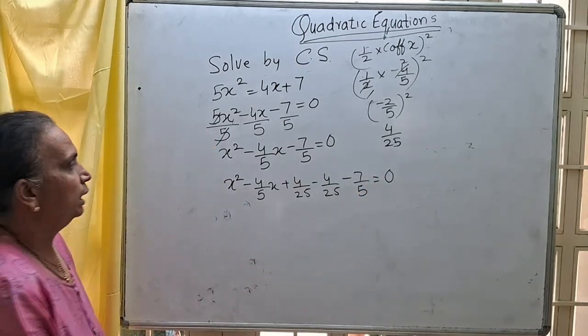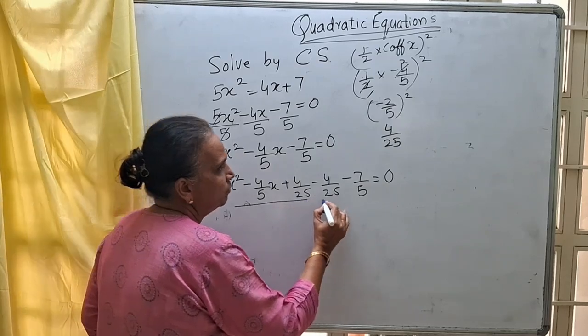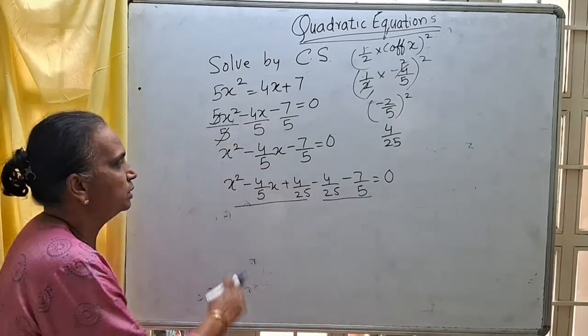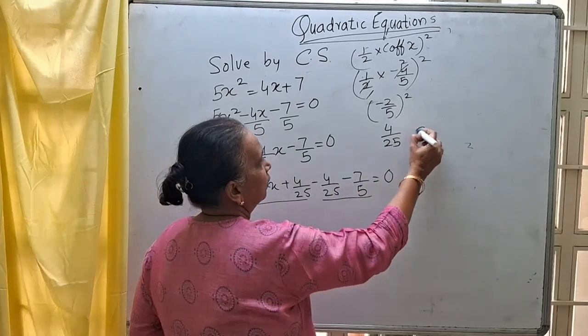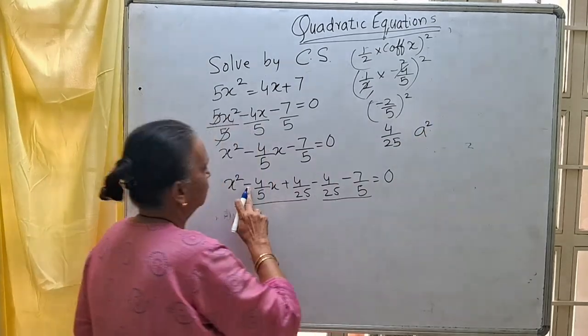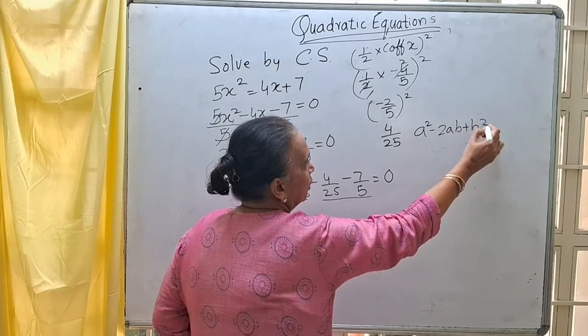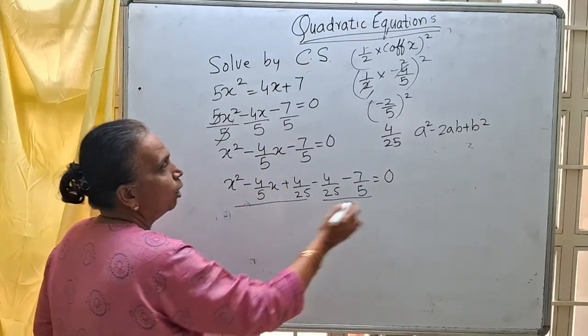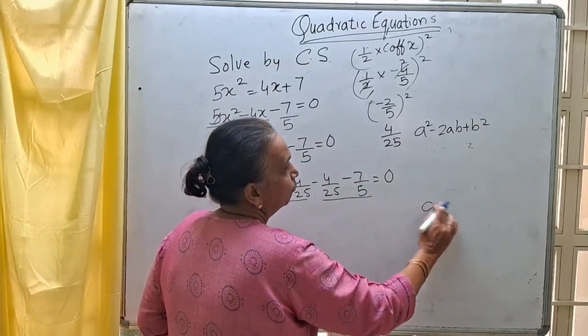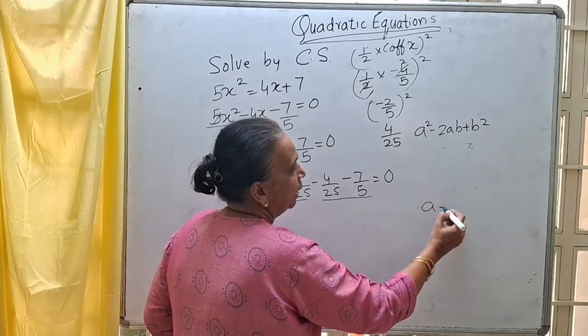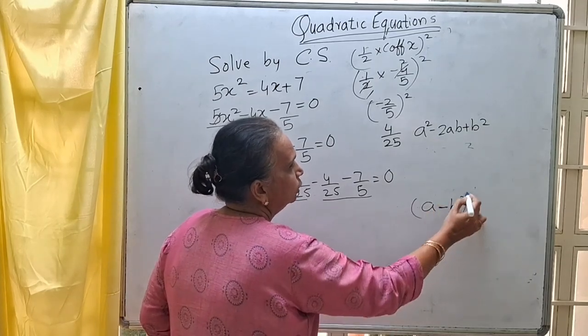Now again, grouping of these three terms and grouping of these two terms. This is in the form of a square minus 2ab plus b square, you are going to write it in the form of a minus b the whole square.